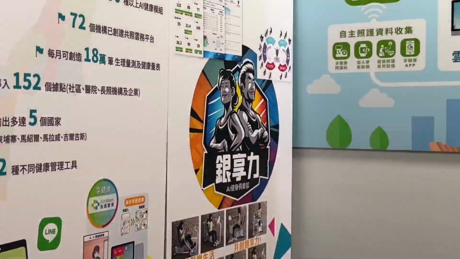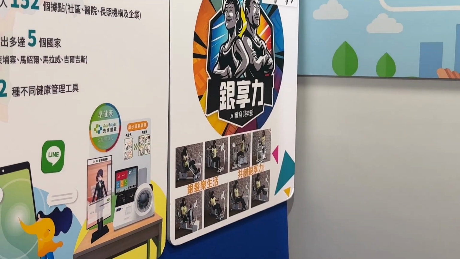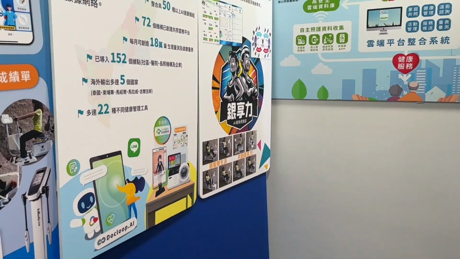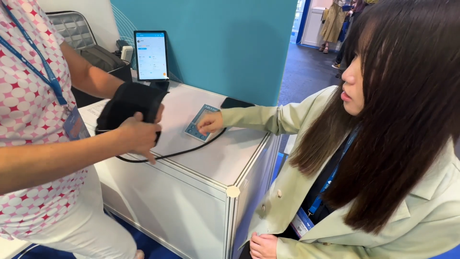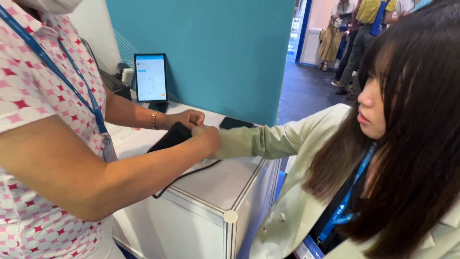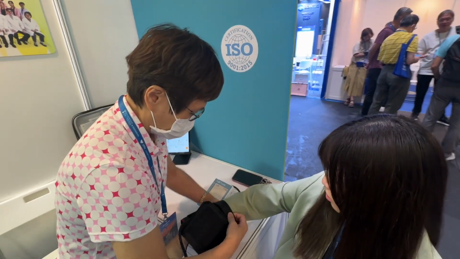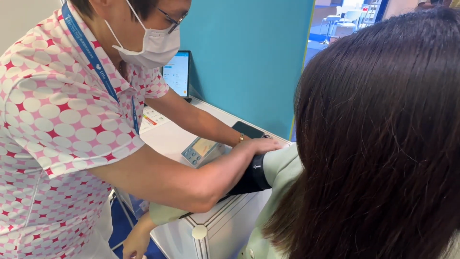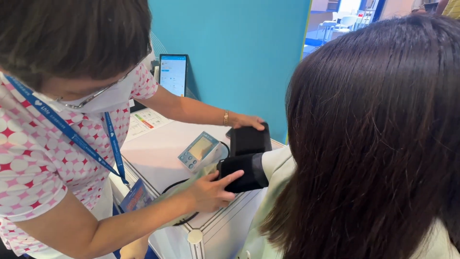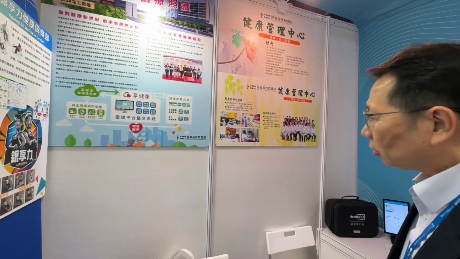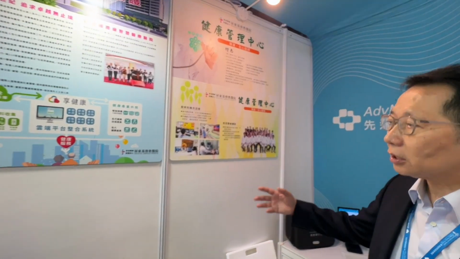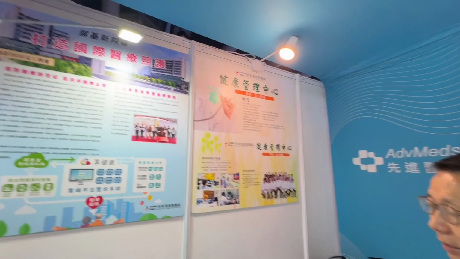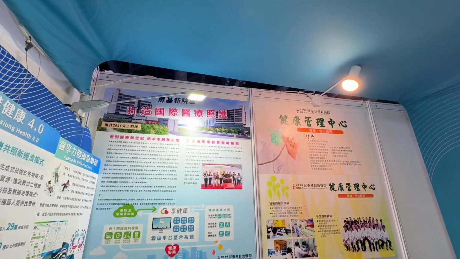That is why the AI can generate what we call the sport prescription. Sport prescription means that under this estimation, we can improve the muscle power and also the balance of the elders.